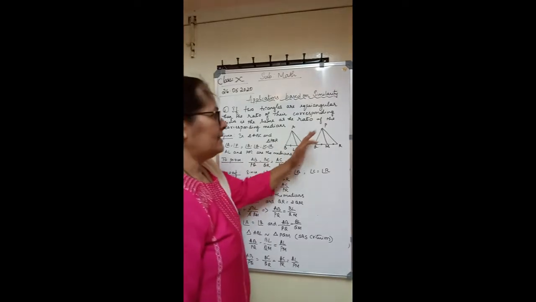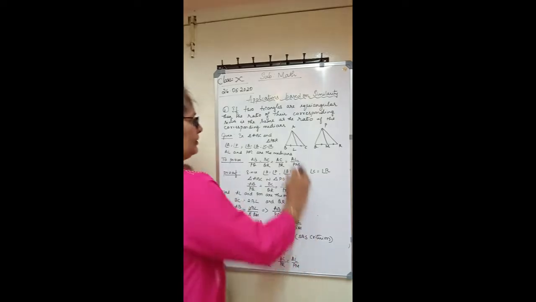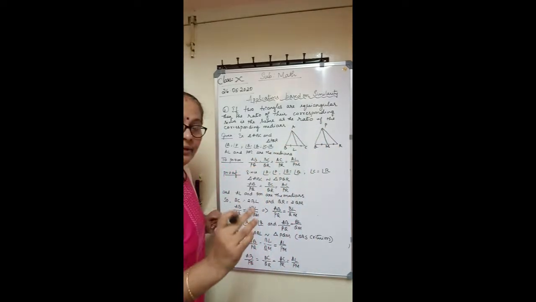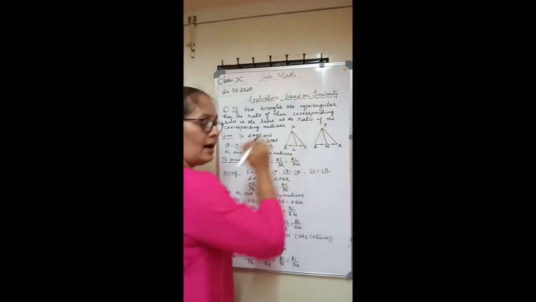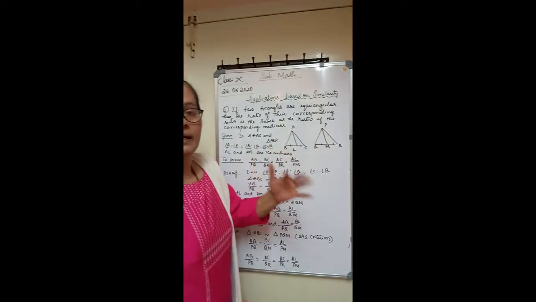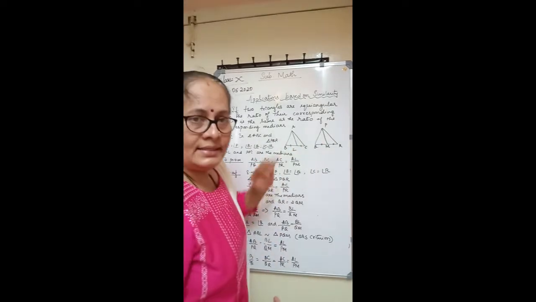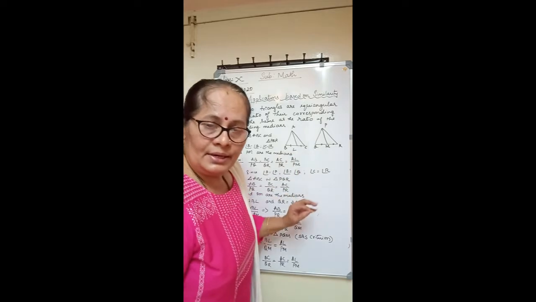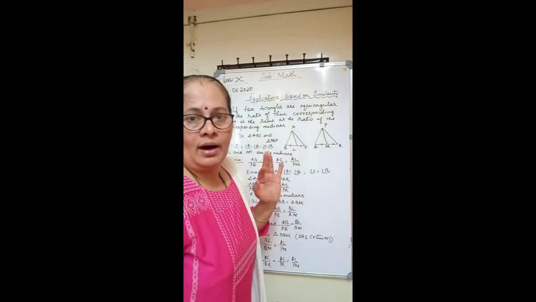Since the triangles are equiangular, angle A equals angle P, B equals Q, C equals R, so you can say these two triangles are similar. By the AAA criterion, triangle ABC is similar to triangle PQR.